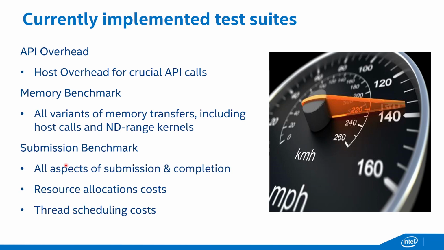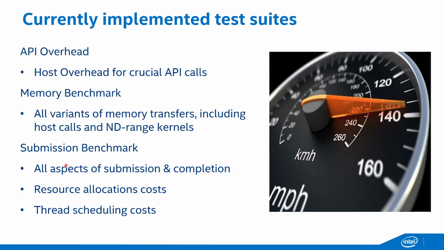There is also a submission benchmark where we focus on subtle aspects, such as what the kernel submission time is, and what the completion time is, meaning the time since the kernel ended until the host sees that the kernel ended. What are the resource allocation costs, like how fast can you allocate host memory, how fast can you allocate device memory, how fast can you migrate resources.